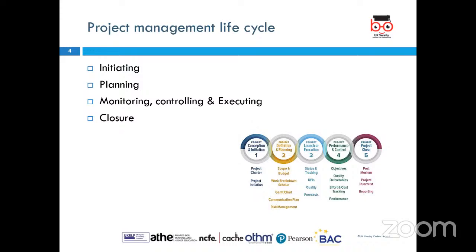And then we have closure, where we have various reports, and we can see if the project has been successfully achieved, or it failed, or maybe it has not been done within the time frame that we estimated.